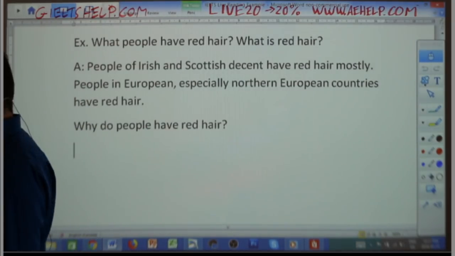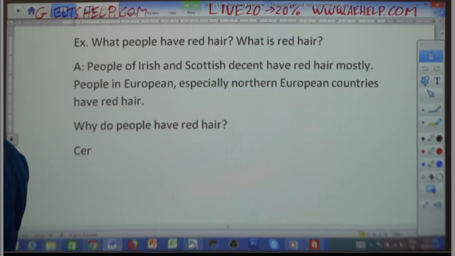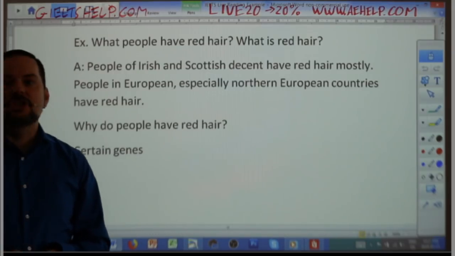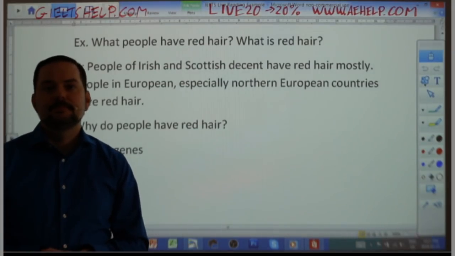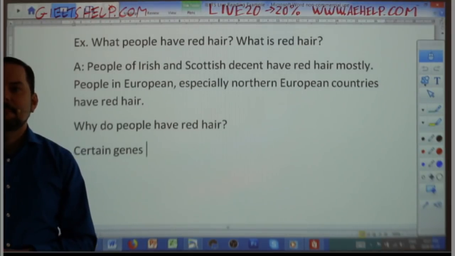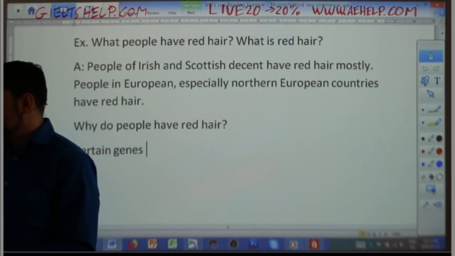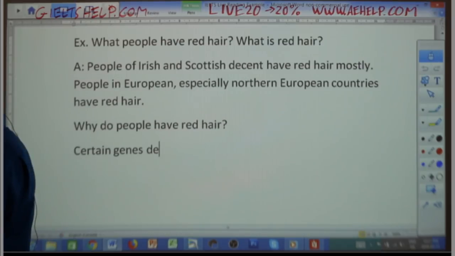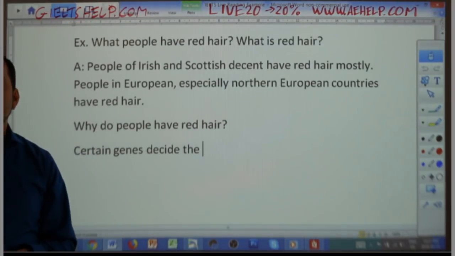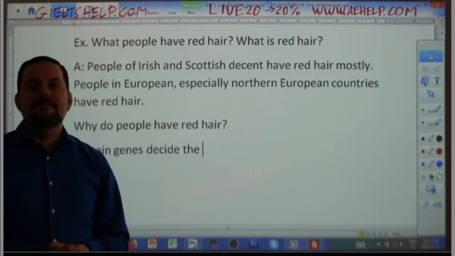So obviously genetics, so certain genes do what? What do the genes actually do? Yeah, so they affect the chemical features.